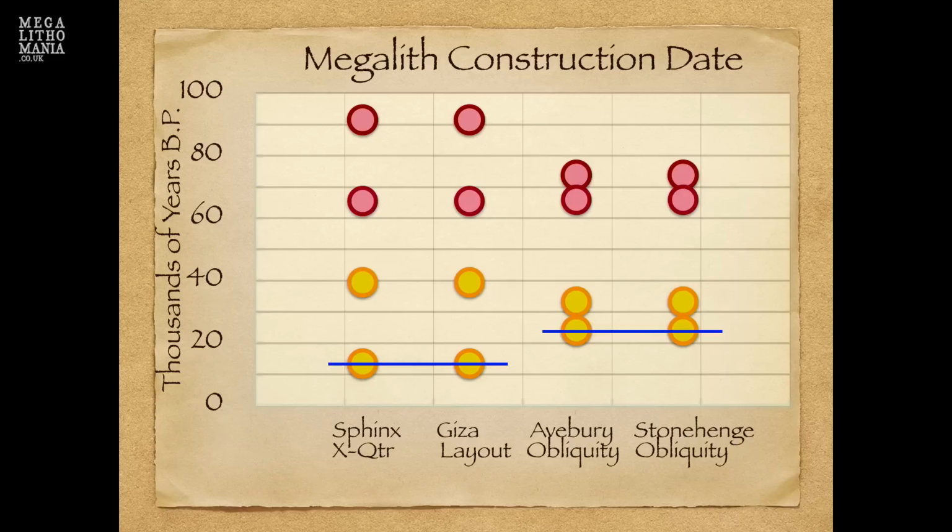And the youngest of these, which personally I think is the more reasonable, is this. So what this is saying is that Avebury and Stonehenge were built first, 24,000 years ago. And then there was a sort of 10,000 year hiatus for some reason before they came back again and built the Giza pyramids 13,500 years ago.